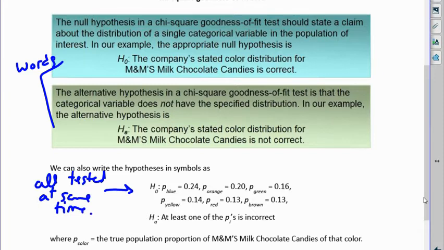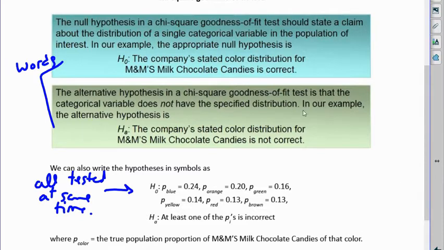And all we need is one of the colors to not match, and then that would give us enough evidence to reject the null and to say that we have evidence of the alternative.